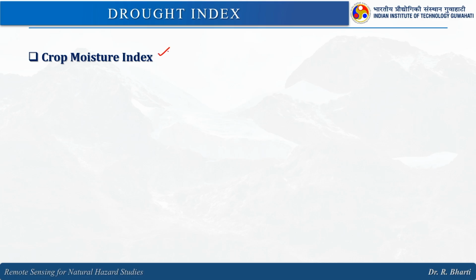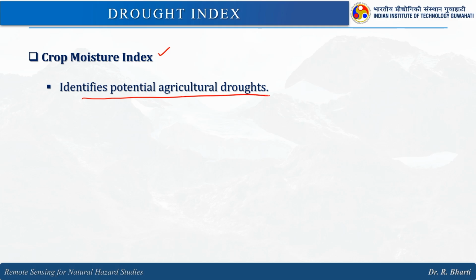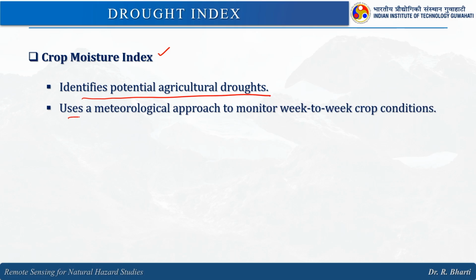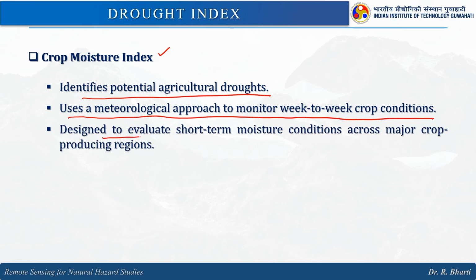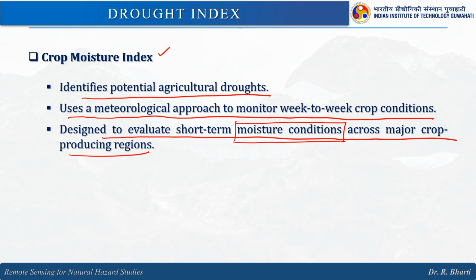Then comes the crop moisture index, which identifies potential agriculture drought, uses a meteorological approach to monitor week to week crop condition, and is designed to evaluate short term moisture condition across major crop producing regions, because this moisture condition is very important in the initial phase of the cropping.